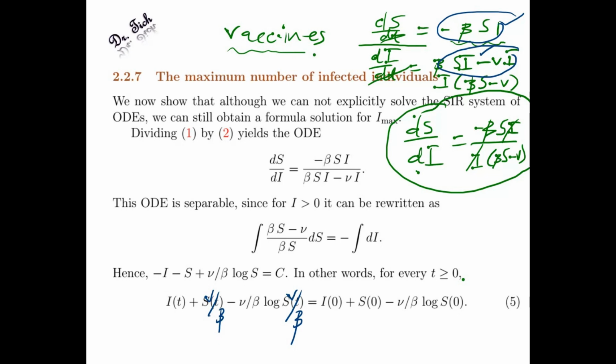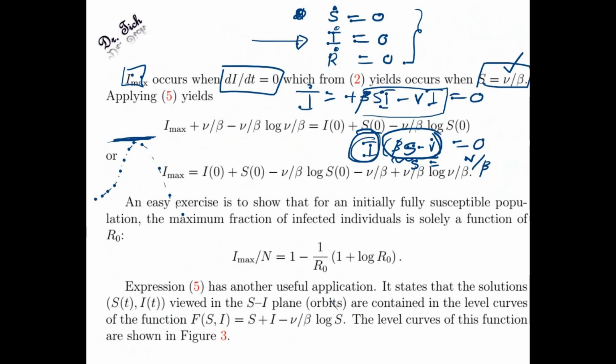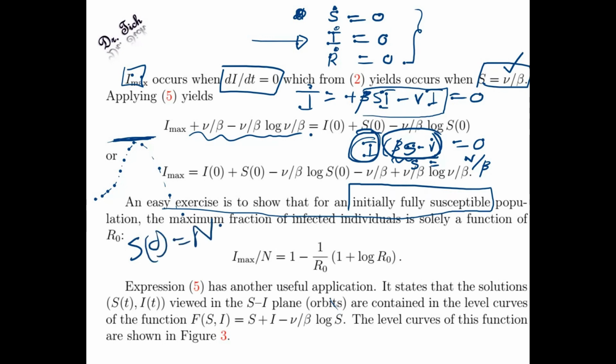And that is the case that we are now seeing being demonstrated over there. Then you can also show that when it is fully susceptible, meaning S0 equals N, you might want to do this exercise and show that Imax equals this guy that we've got there.